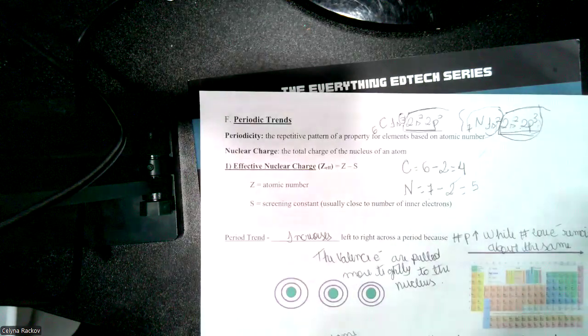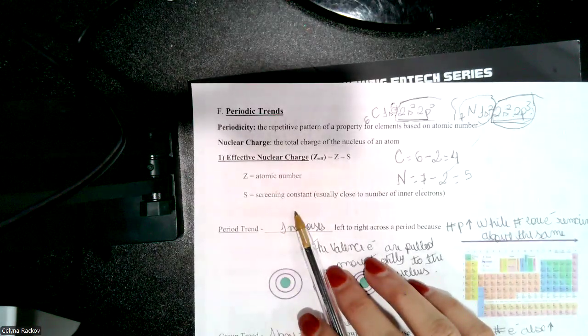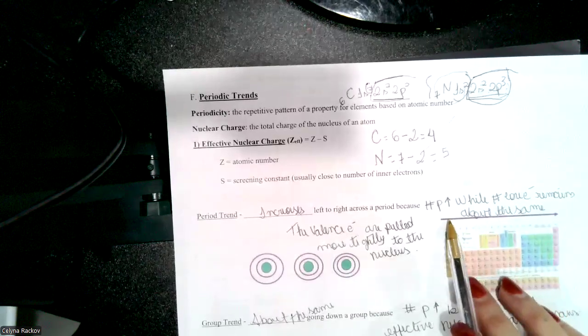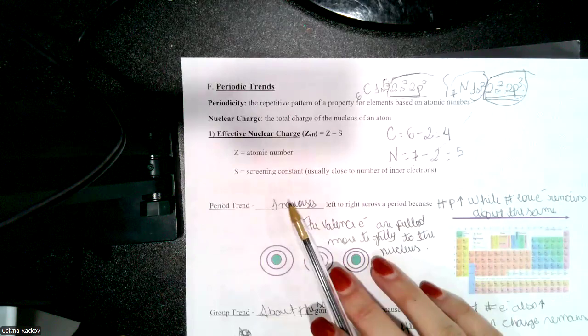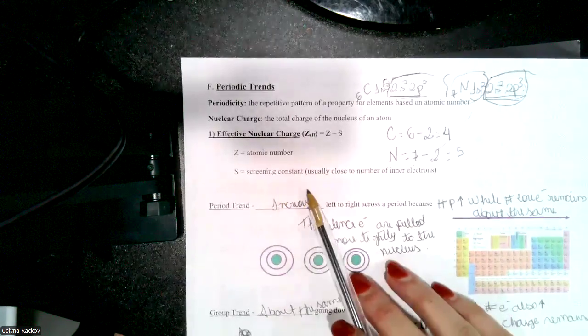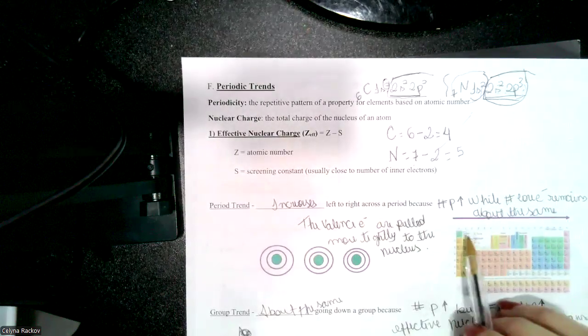Okay, so now let's talk about the period trend. Periods are horizontal lines in the periodic table. The effective nuclear charge increases from left to right across a period.